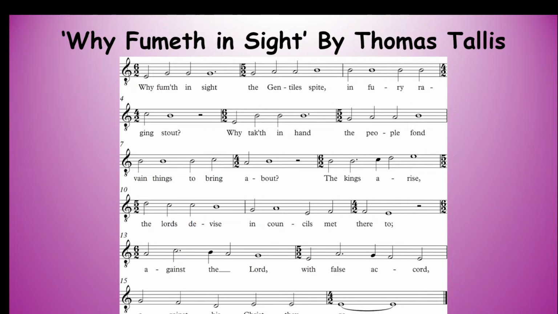The kings arise, the Lord's device, in councils met thereto, against the Lord with false accord, against his Christ they go.